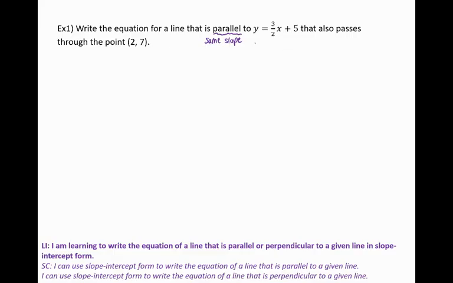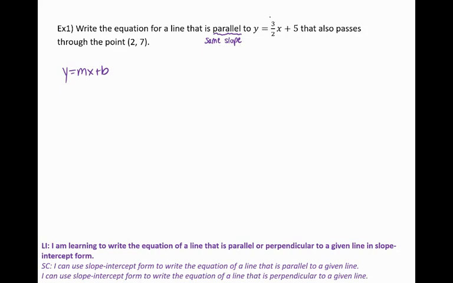As we're building these equations, we're going to be trying to write our equation in slope-intercept form, which is y equals mx plus b. Essentially, we're going to take everything we know and plug it in. Back up to that idea of parallel, we know that our new line that we're writing the equation for has the same slope.